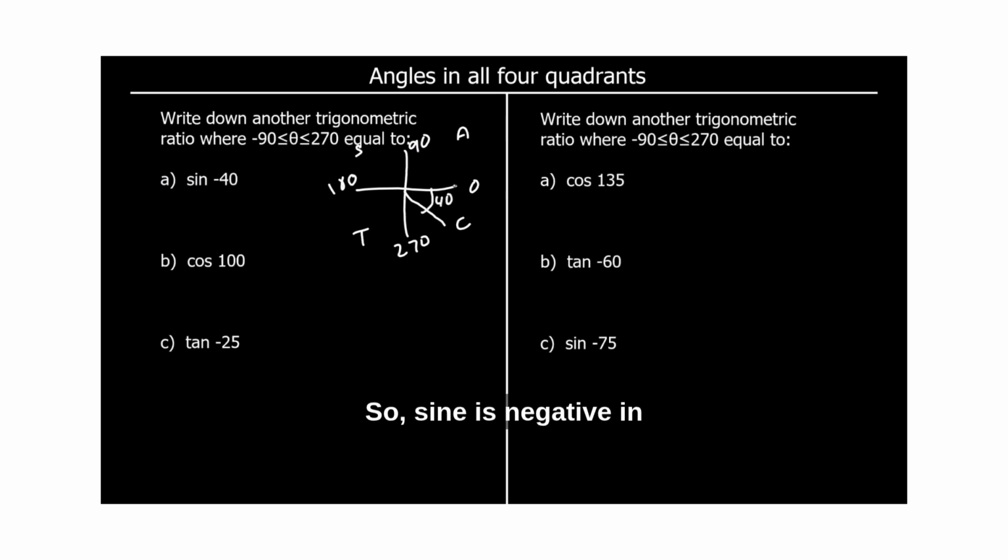So sine is negative in this quadrant. Only cos is positive. So sine's negative. Where else is sine negative? It is down here. It's positive between 0 and 180, so it's negative again down here. 180 plus 40 is 220.